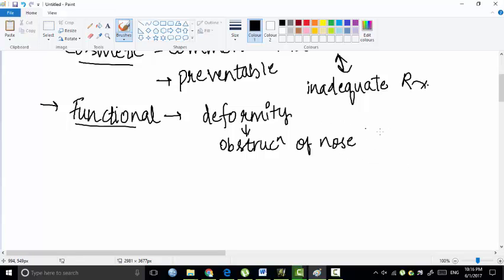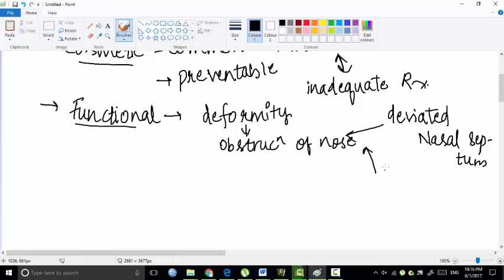So not only the deformity, but the deformity may lead to deviated nasal septum, which causes obstruction of the nose, or the deformity may lead to decreased Cottle's angle, right, which causes obstruction of the nose again.